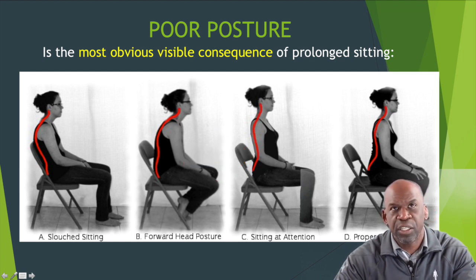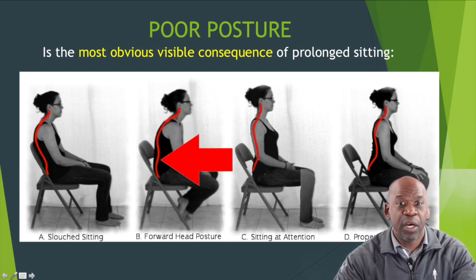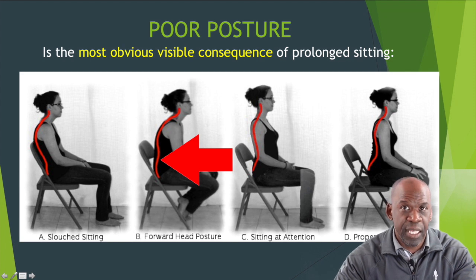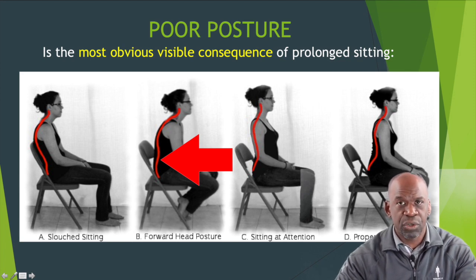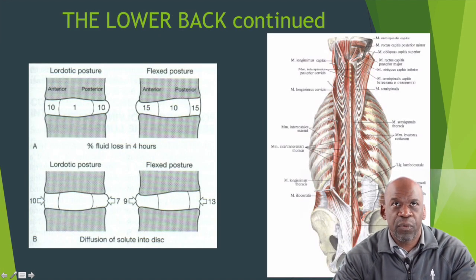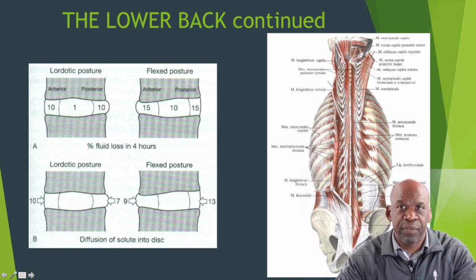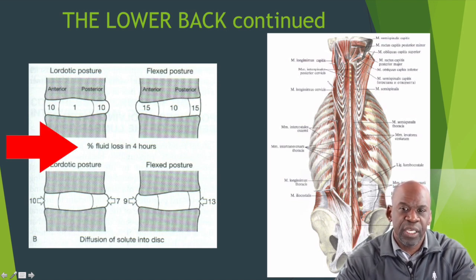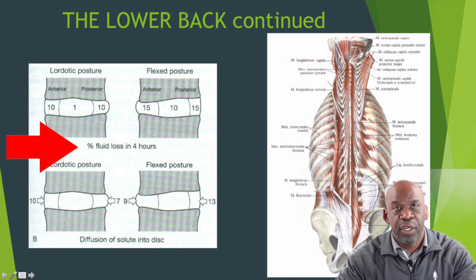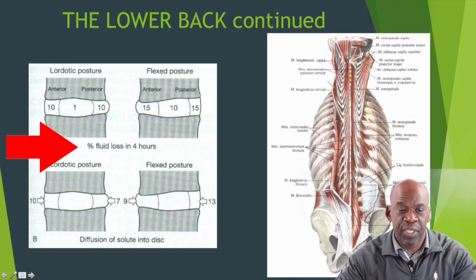The flexed posture is the posture that's associated with prolonged sitting and sitting in a slouched or a slumped position. And when we look at the top of the pictogram, what they're showing here is the amount of fluid loss that occurs in these intervertebral discs over a given period of time.